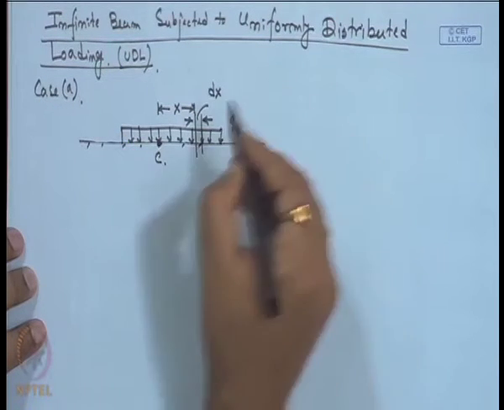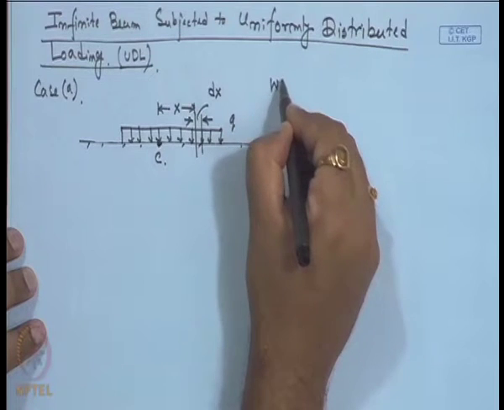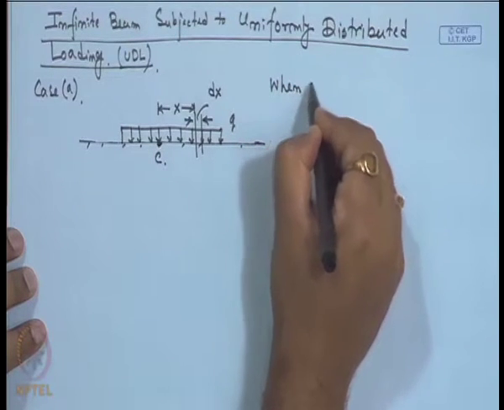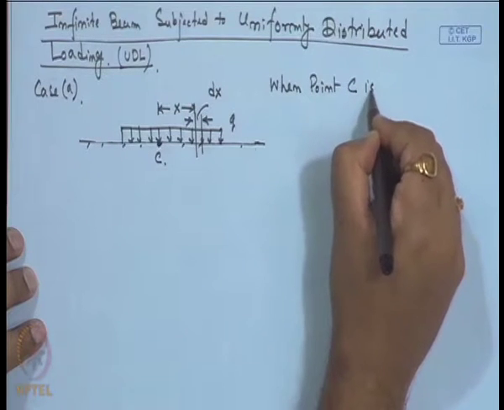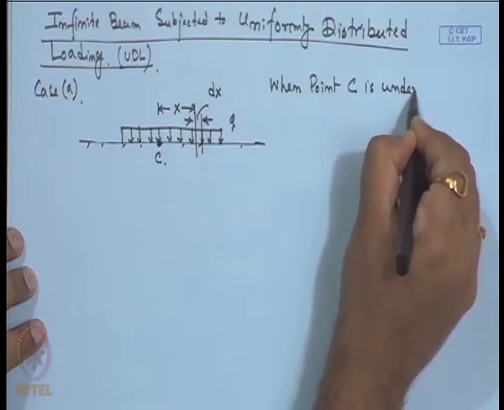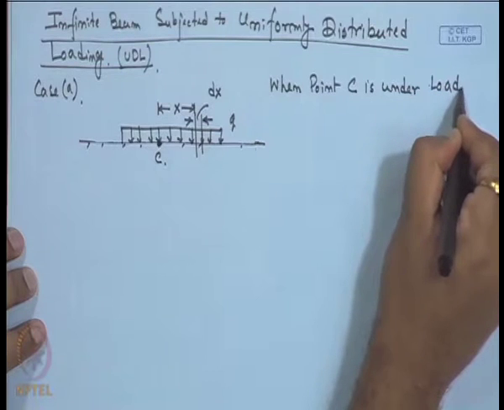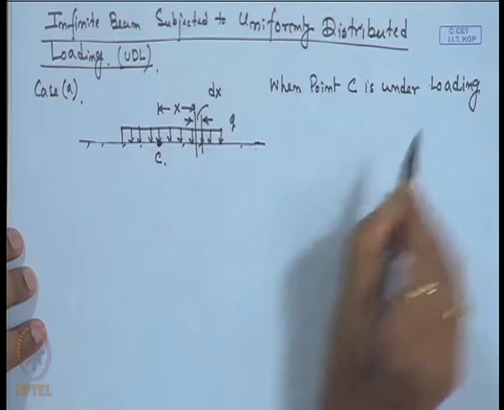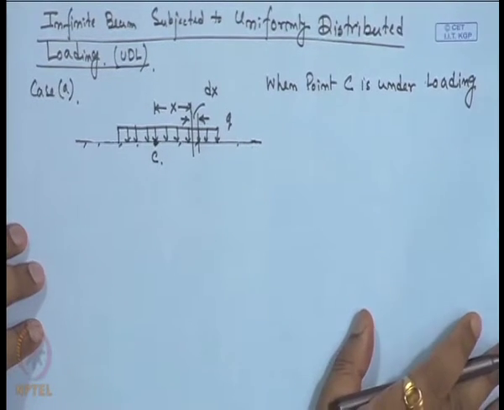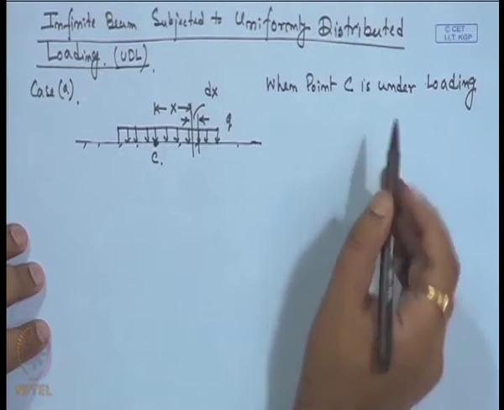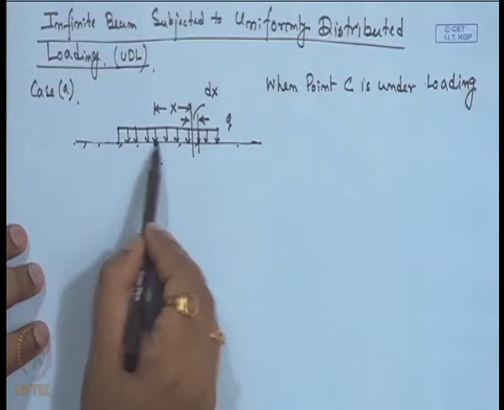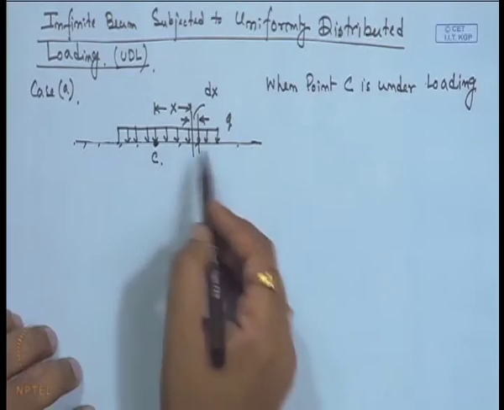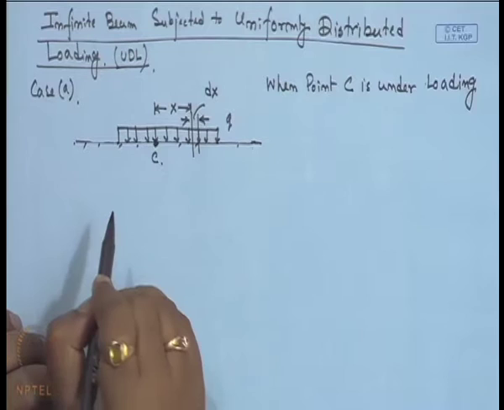that when this point C is under loading. So, that means this C can be left side of this loading, this C can be the right side of the loading, or this C point can be within that loading.